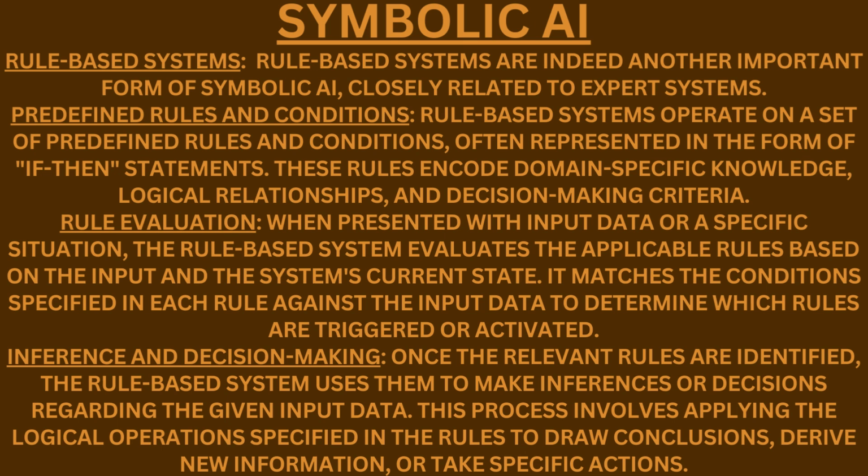Inference and decision making. Once the relevant rules are identified, the rule-based system uses them to make inferences or decisions regarding the given input data. This process involves applying the logical operations specified in the rules to draw conclusions, derive new information, or take specific actions.